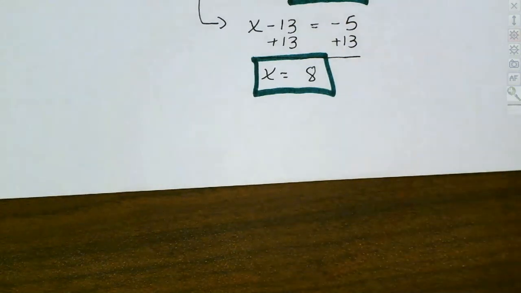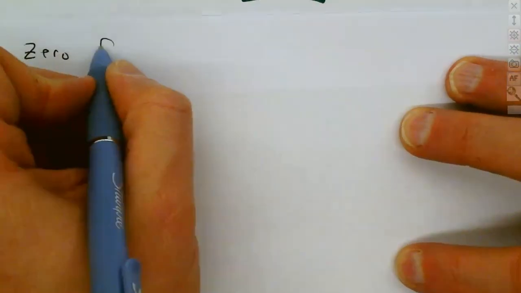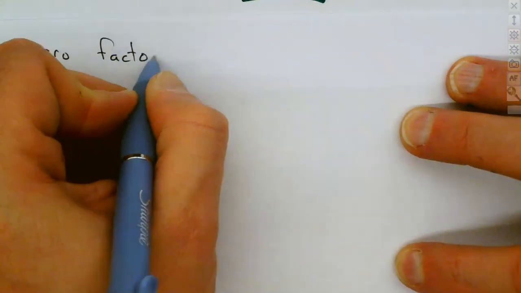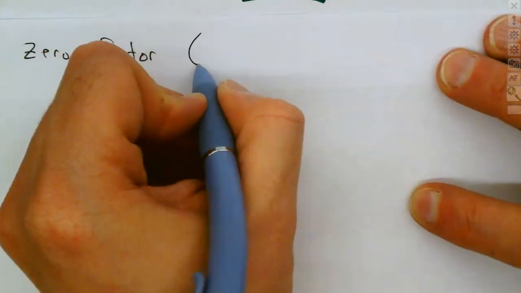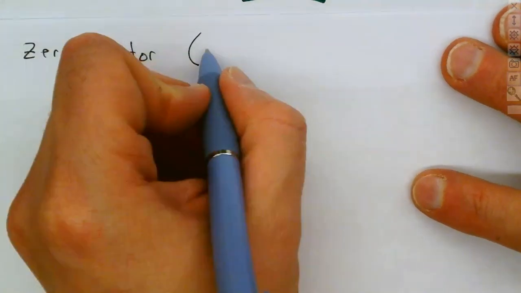And we're going to talk about zero factor. We'll do zero factor, then we'll do the quadratic formula. And this goes with homework questions 11 through 15.